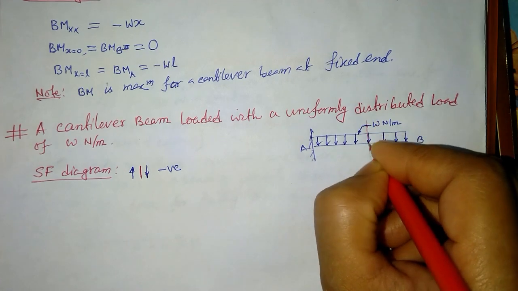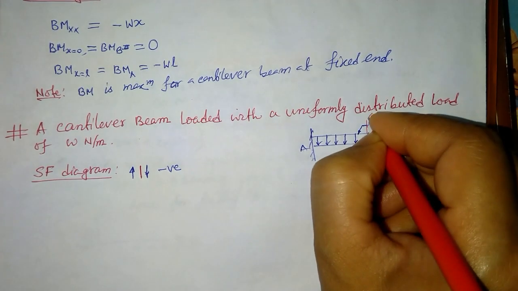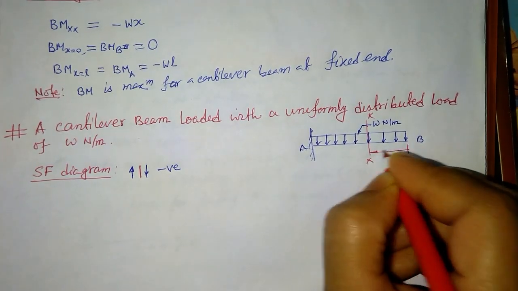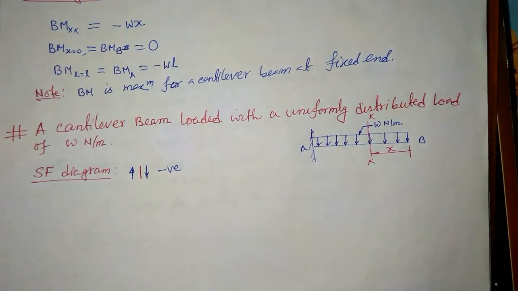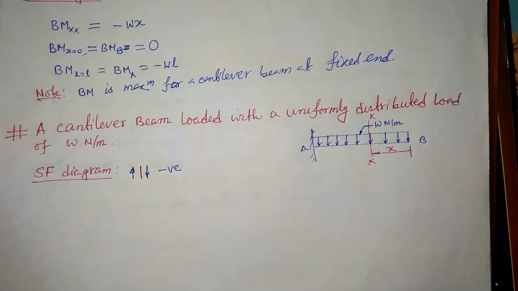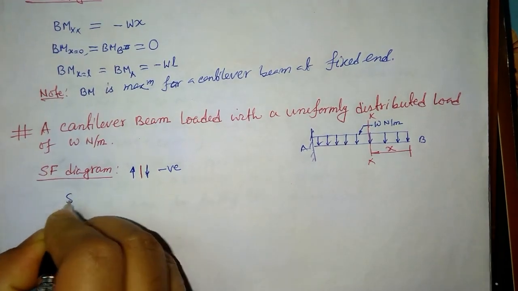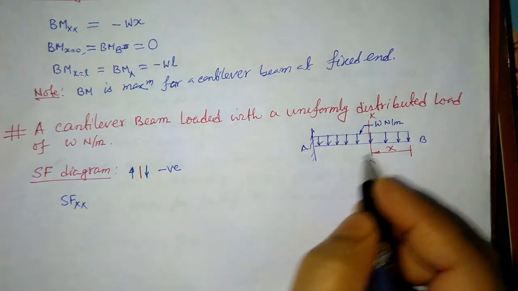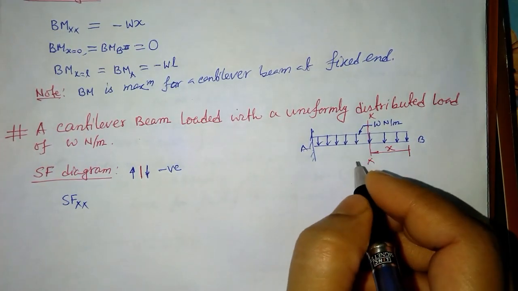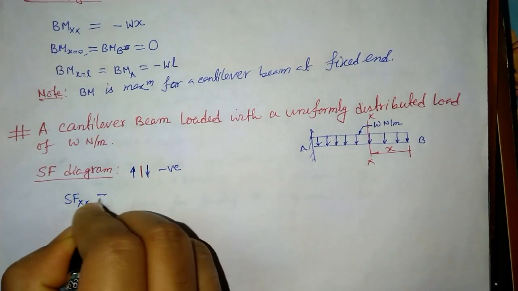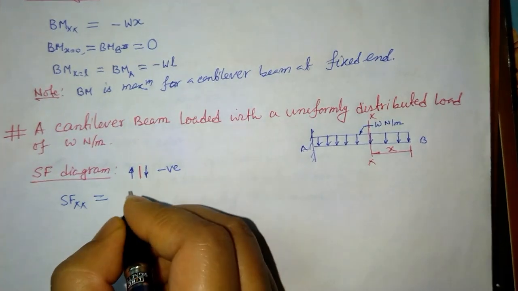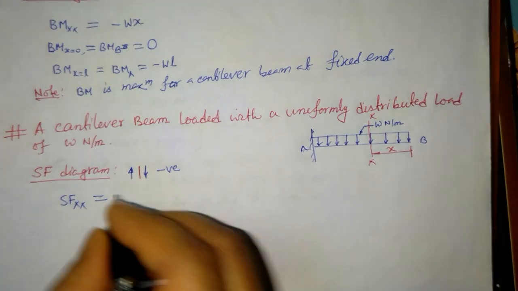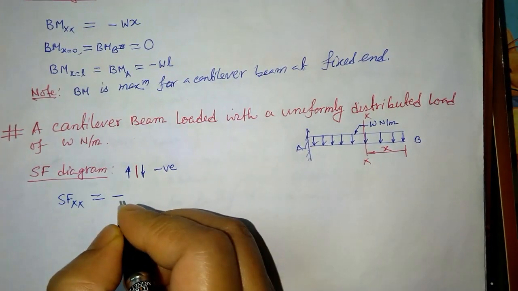Suppose this is the section XX I have taken from the free end, and this distance is x, right? So I can write SF at XX, the shear force at this section XX. Now what will be the value? This is going downwards, so by default that is our minus.